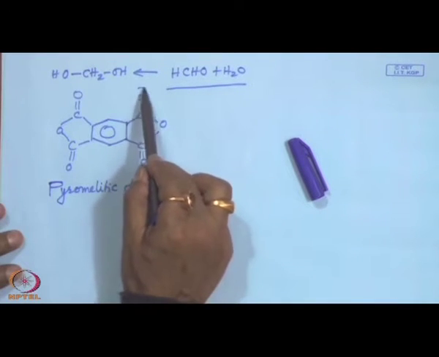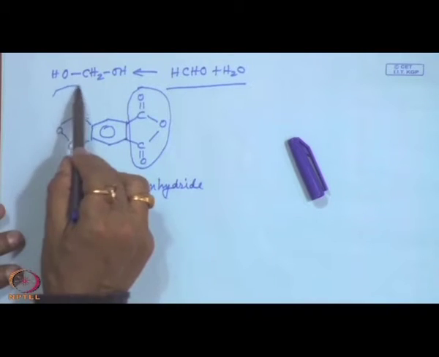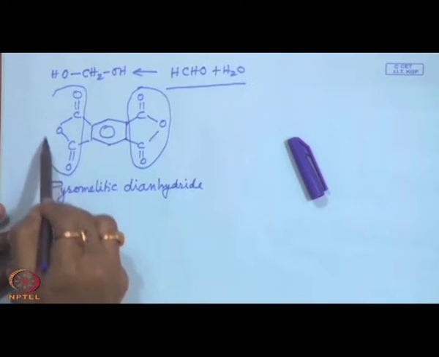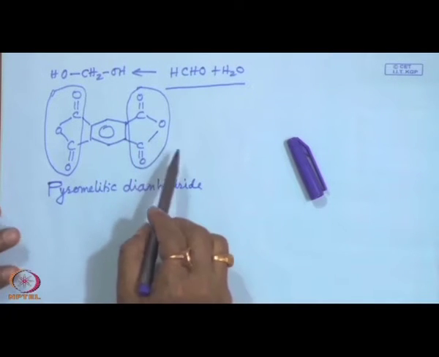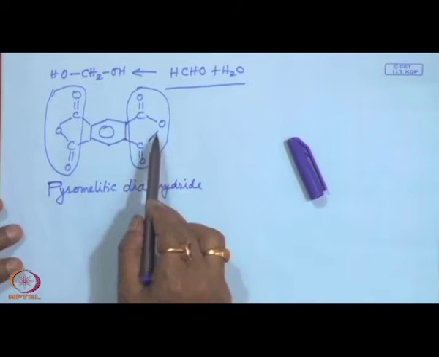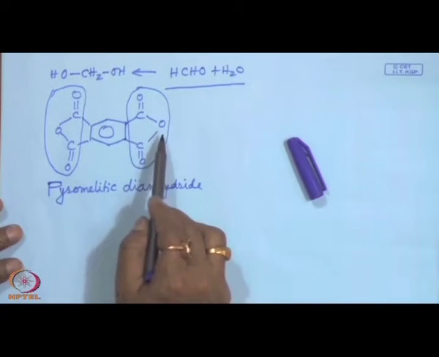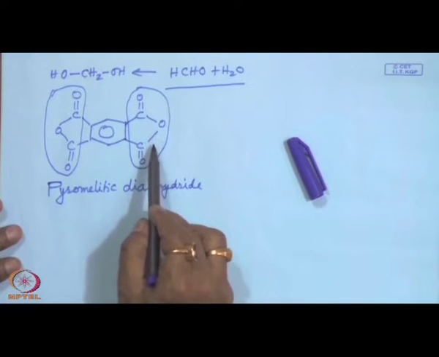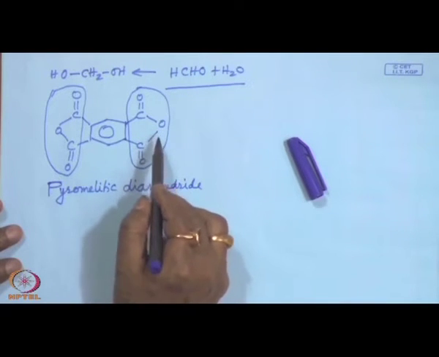This is one anhydride, this is another anhydride. So, this is called dianhydride. Anhydride means in dry condition, it forms this anhydride ring. In contact with moisture or water, this anhydride ring will open up, forming carboxyl groups.